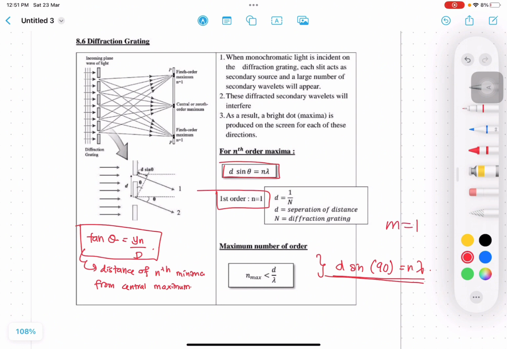M equals 1 when it is first, M equals 2 when it is the second, and so on. Alright, so this is the formula for diffraction grating. But still, if you don't understand this, you need to do a lot of exercises.